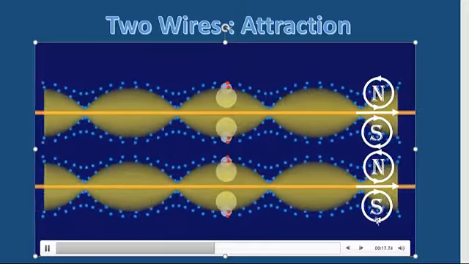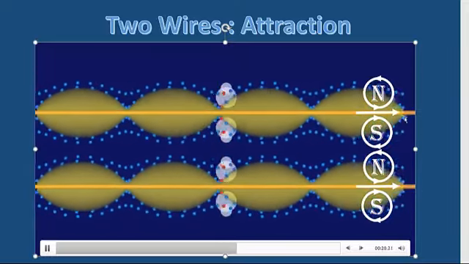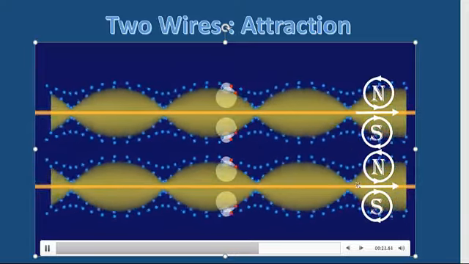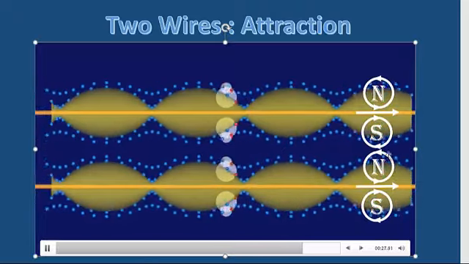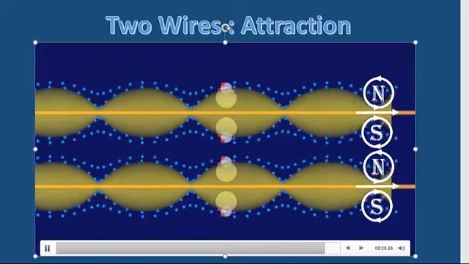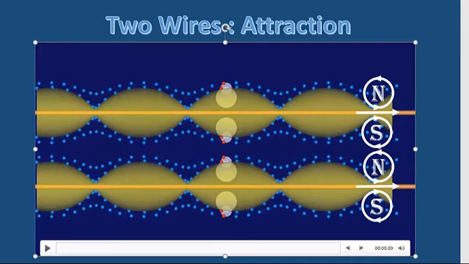So you can see, using my convention here, you can also see that these wires will attract, because this is going to be a south pole and this is going to be a north pole, or south circulation, north circulation, and they attract. So this is a great way of looking at, I believe, attraction and repulsion and magnetism in terms of fluid dynamics and this ether model.